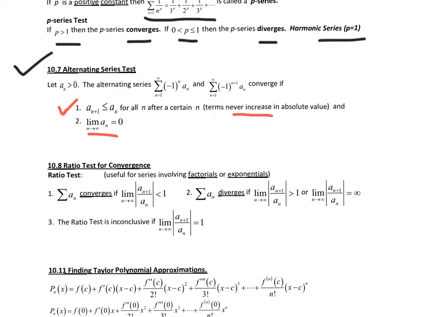You have to write these conditions if you're justifying an alternating series convergence. And notice that it's only a convergence theorem, it is not a divergence theorem, because we do have some things called telescoping series which might mess with that a little bit.